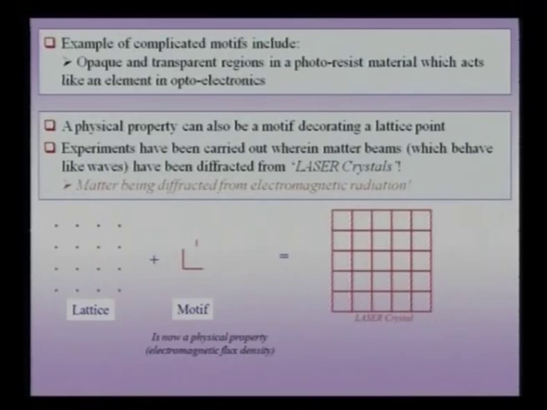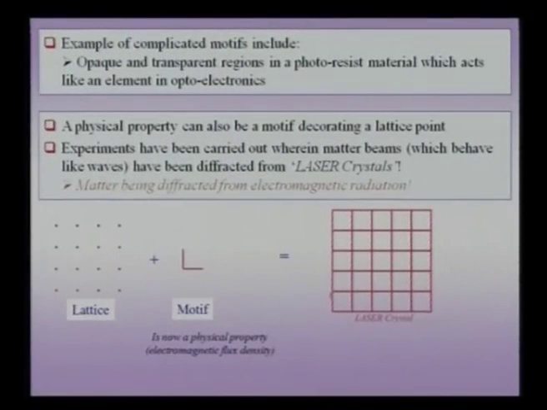So this is the inverse of the problem. In this problem, I am making a crystal out of electromagnetic radiation, which is a laser crystal, and of course these red lines would indicate a certain kind of electromagnetic density, and I can actually diffract matter out of this kind of crystal, and this is possible because, you know, matter can act like waves according to de Broglie's equation.